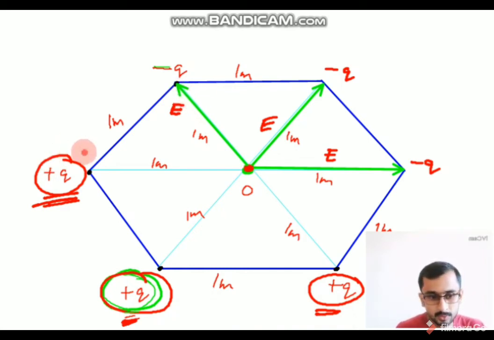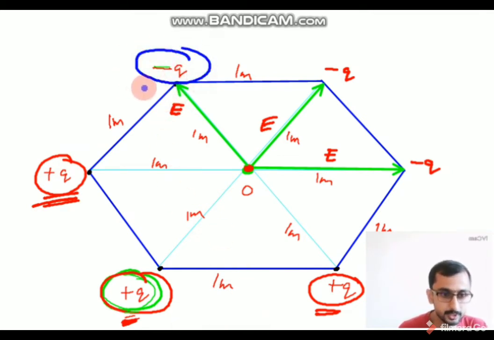Similarly, now consider negative charges. If you consider this negative charge, you know here you are keeping a unit positive charge, right? Now due to this minus q, what will be the direction of electric field at this particular point? As I said, the direction of electric field is always from positive to negative.